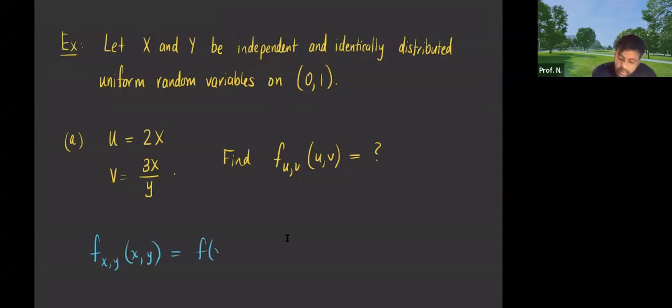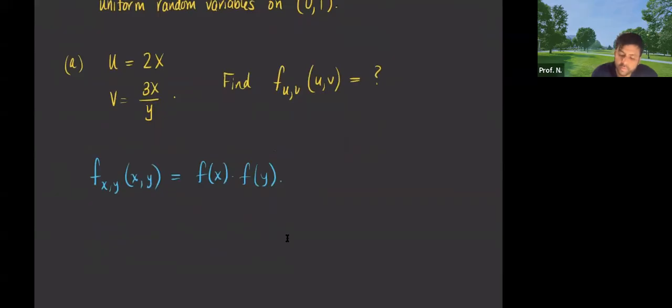This equals f of x times f of y. So, first of all, what is f of x? What is the density function for a uniform random variable on 0 to 1?